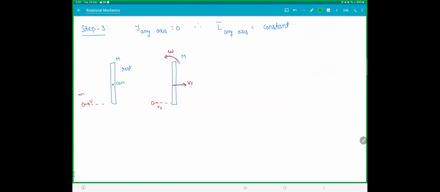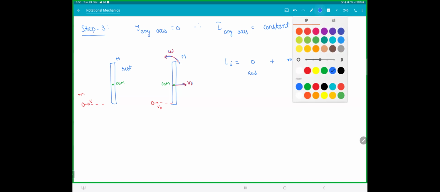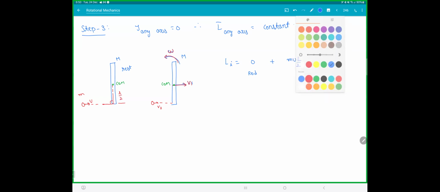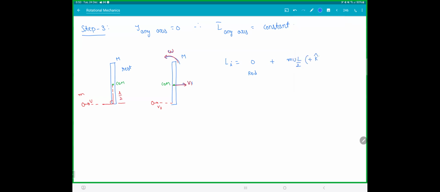This is the center of mass. L initial is for the rod plus the ball, which is mu, perpendicular distance L by 2. Extend the velocity, drop the perpendicular. Direction is plus k cap. Directions are important because it rotates anti-clockwise.